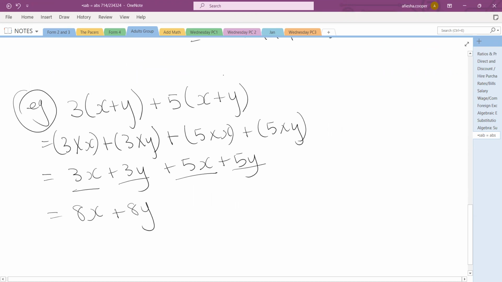Nice and simple. We did some multiplication and simplified into addition and subtraction.